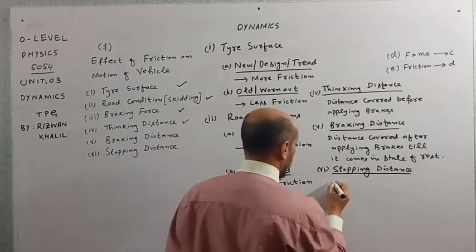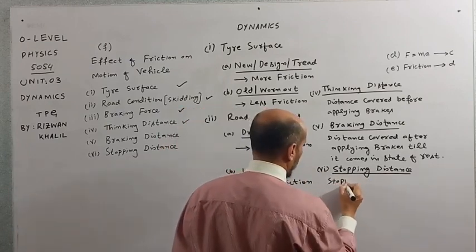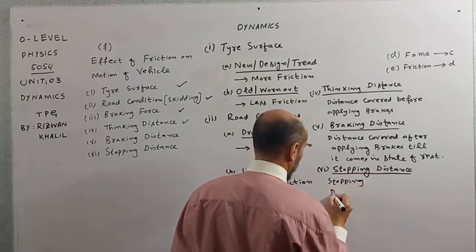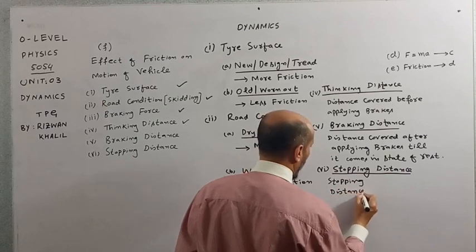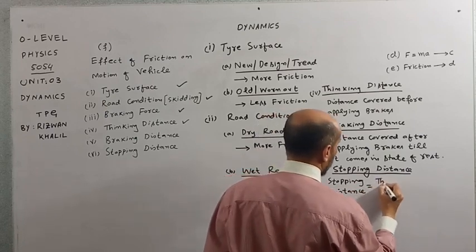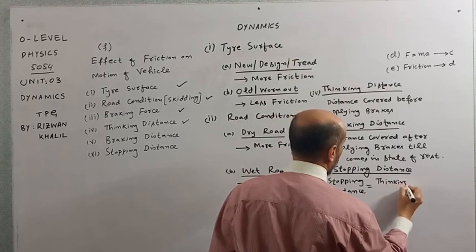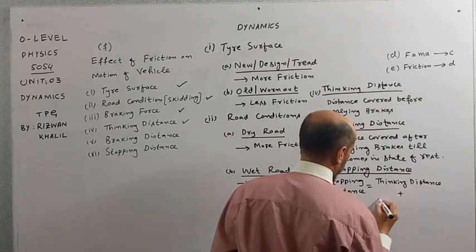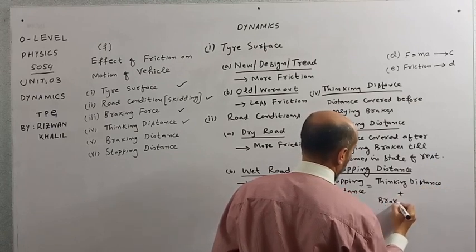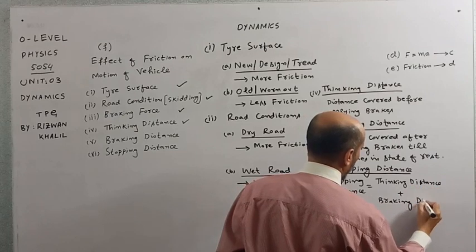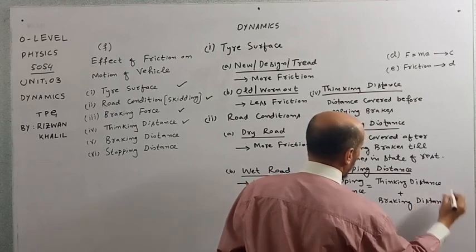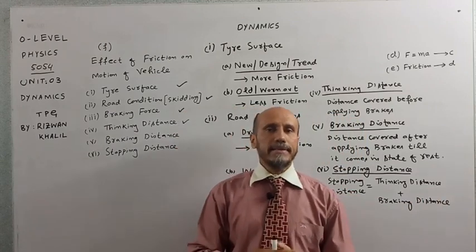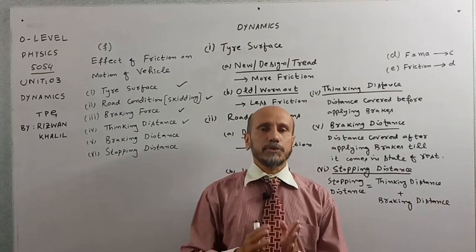Stopping distance is the sum of thinking distance plus braking distance. So if we know the values of both thinking distance and braking distance, then we can easily find the value of stopping distance.